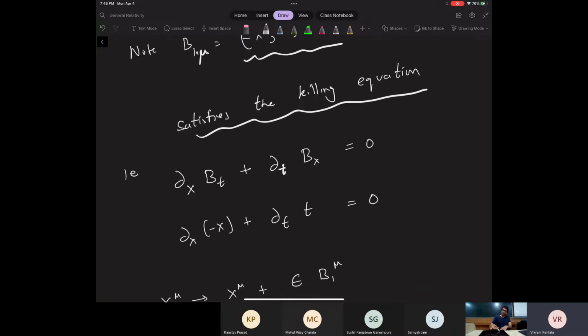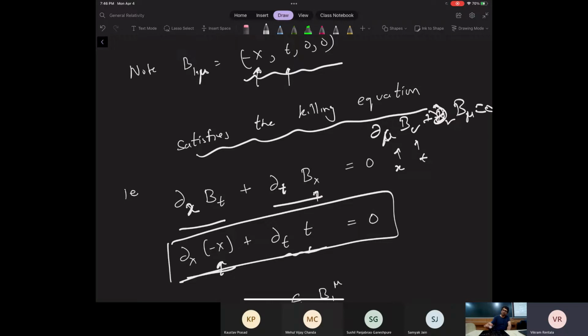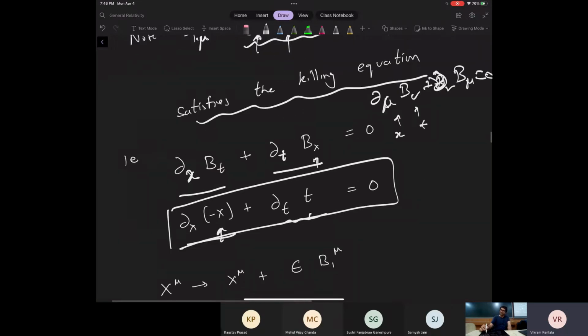Take one component of the Killing equation, partial mu b nu plus partial nu b mu equals 0, with mu equal to x and nu equal to t. So I have partial x bt plus partial t bx equals 0. The bt component is minus x and the bx component is t, so I get minus 1 plus 1, which is 0. So this satisfies the Killing equation.